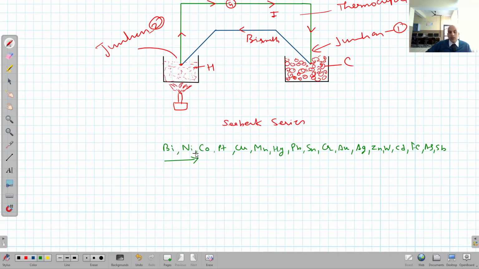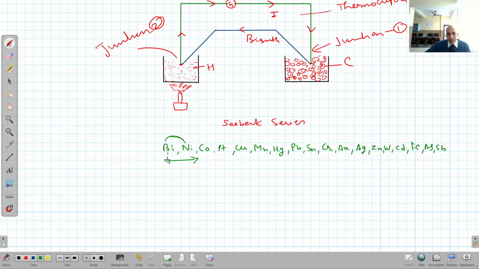Now the important property of this series is that if I make a thermocouple out of these different metals arranged in a particular series, the produced EMF will depend upon the separation between the two metals. For example, if I make a thermocouple of these two metals, then the EMF will be less for the given temperature difference.